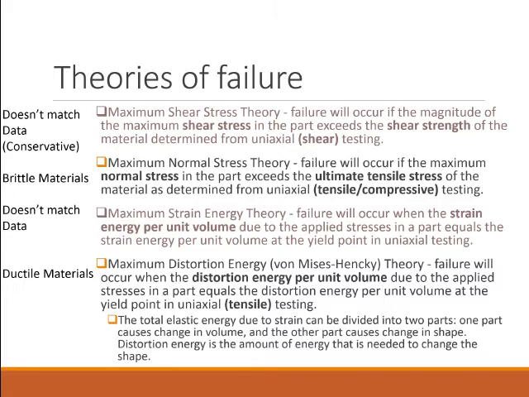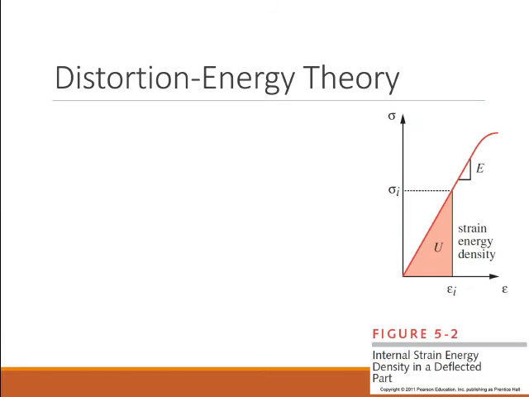So let's take a deeper look into the maximum distortion energy theory, also called the von Mises theory of failure. The distortion energy theory says that first we need to understand the amount of strain energy that our parts can contain. We learned a while ago that the energy is equal to the integration under the stress-strain curve.